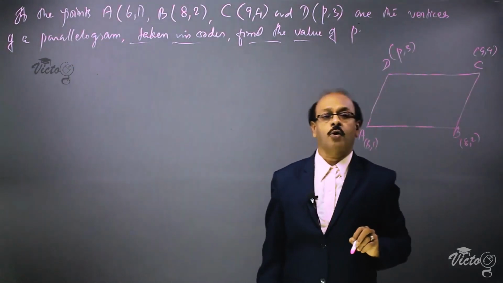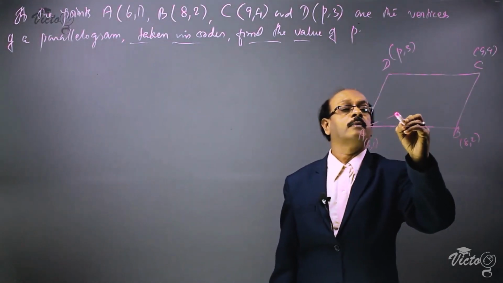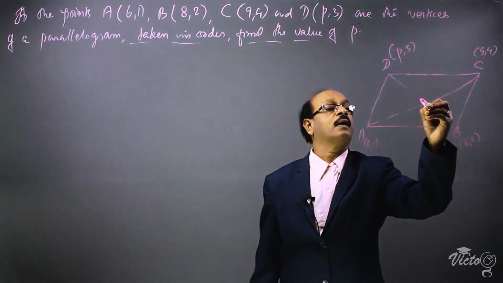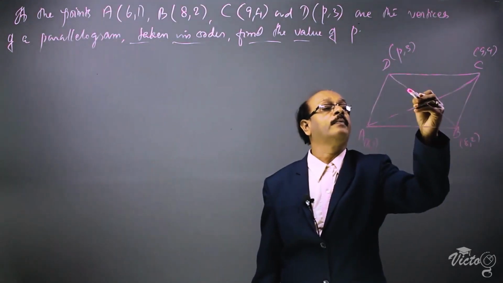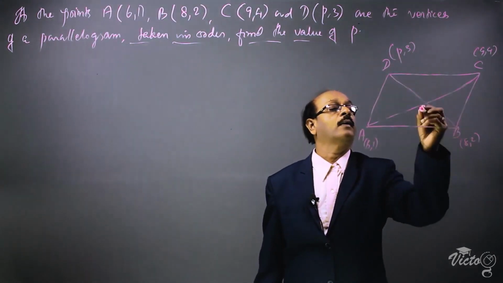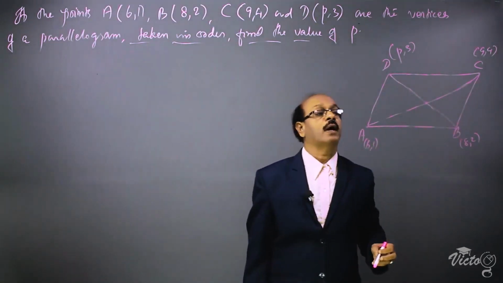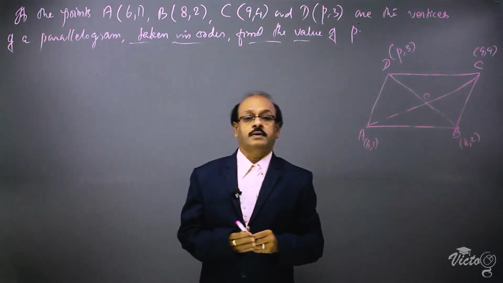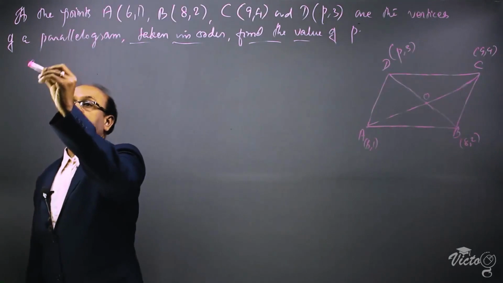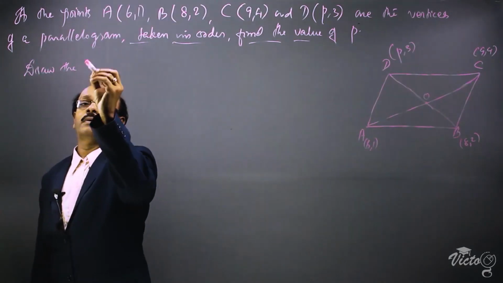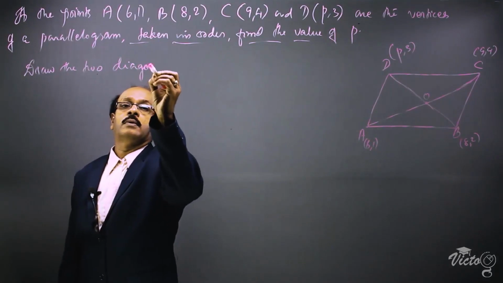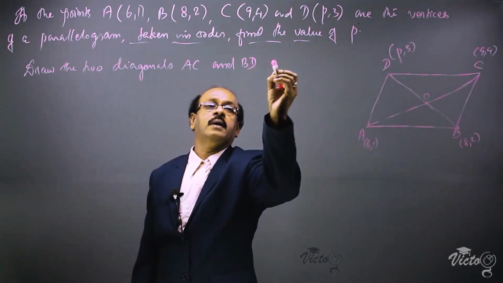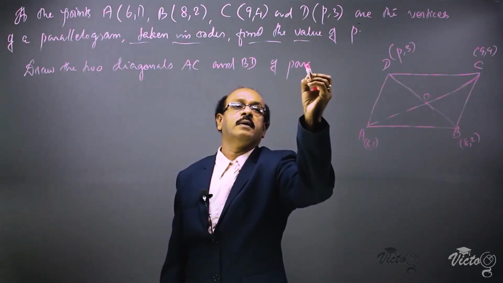For that we draw the diagonals. One diagonal is AC and the second diagonal is BD, and the point of intersection of the diagonals is O. Draw the two diagonals AC and BD of parallelogram ABCD.